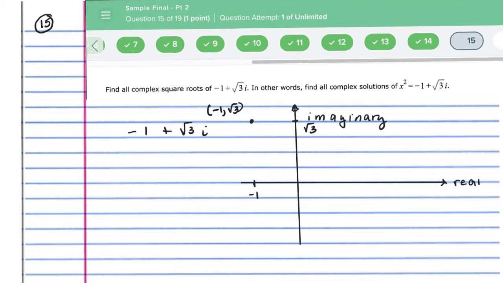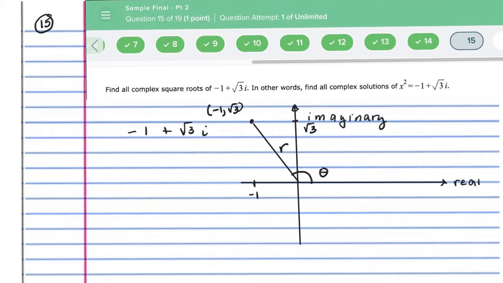So let's go ahead and draw the angle that's associated with that point on the terminal side. And that'll be theta, and that's r. And there's a relationship between the -1, root 3, and r and theta.